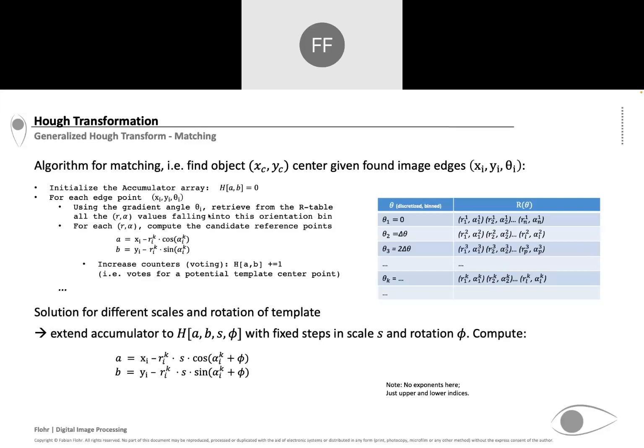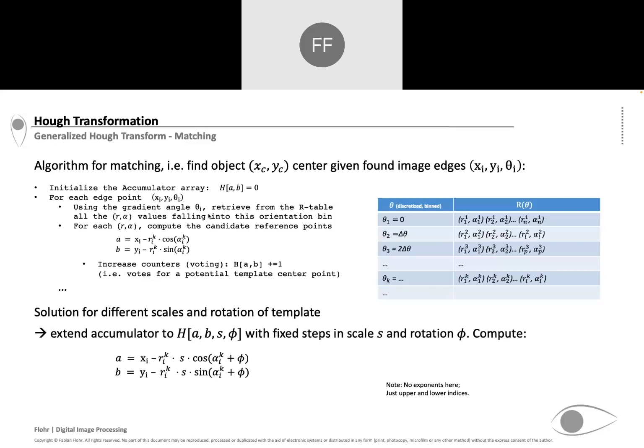And I do that for each feature point that I have in the image. So for each edge point, I apply it like that. I always retrieve, based on the gradient, the tuples in the particular row here, and I then increase the location AB in the accumulator array corresponding to this candidate reference point here.